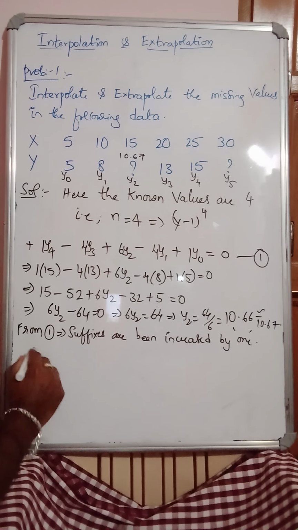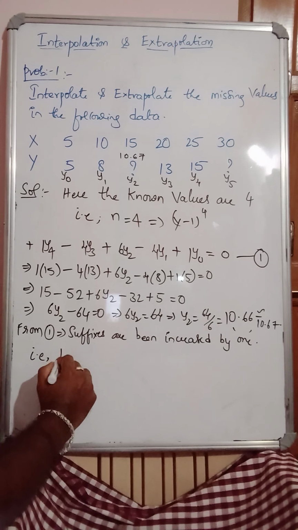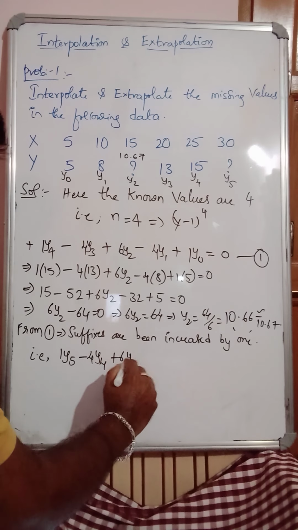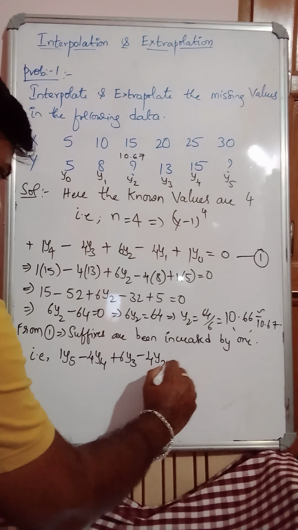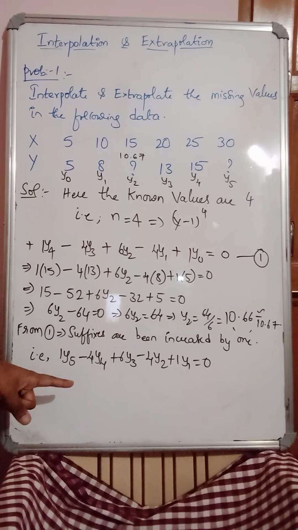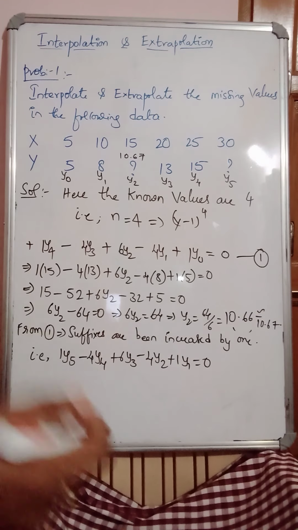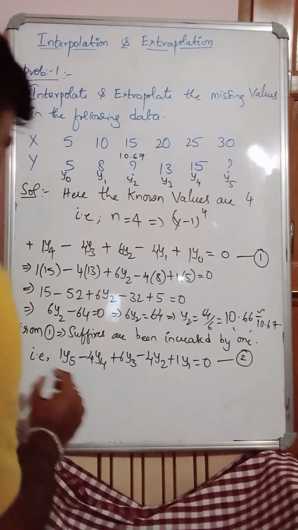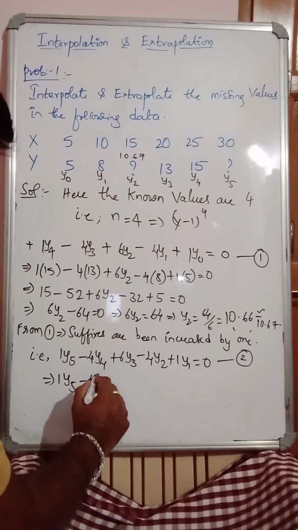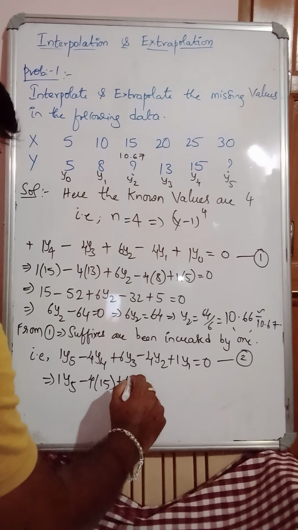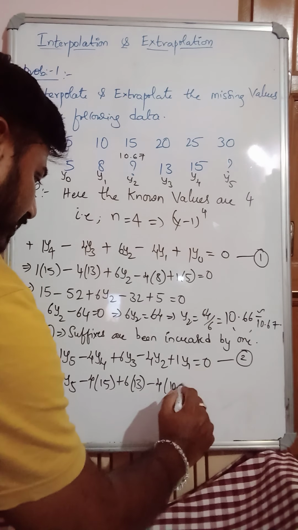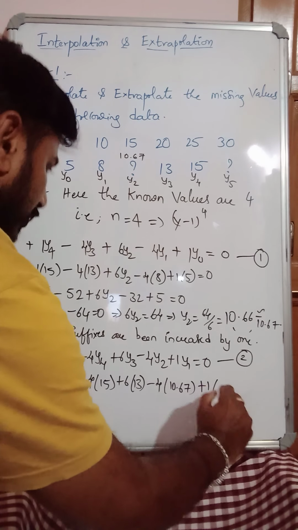That is, 1 into y5 minus 4 into y4 plus 6 into y3 minus 4 into y2 plus 1 into y1. So from the same equation, the suffix we have increased by 1. Take it as equation number 2. Now substitute: 1 into y5 remaining, minus 4 into y4, which is 15, plus 6 into y3, which is 13, minus 4 into y2, which is 10.67, plus 1 into y1, which is 8.